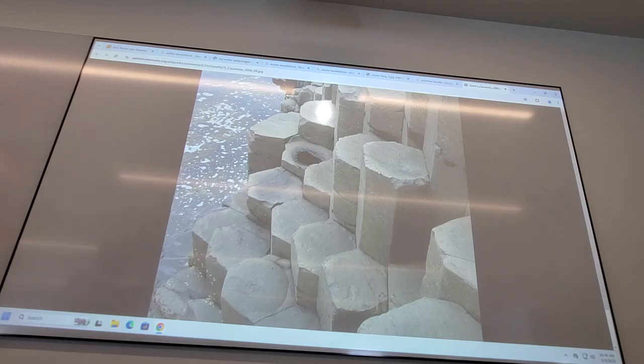And obviously you have honeycombs, bees making honeycombs. That has to do with conservation of energy and stability and structure. So there are a lot of things in nature that naturally take these shapes, and the physical processes behind them are really cool.